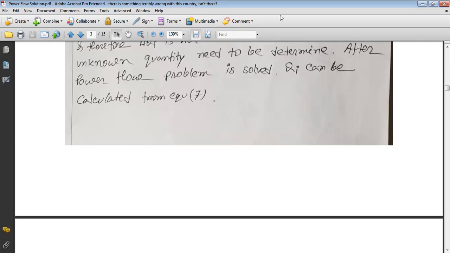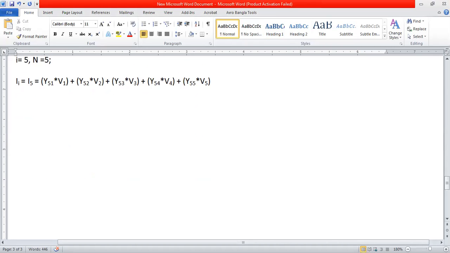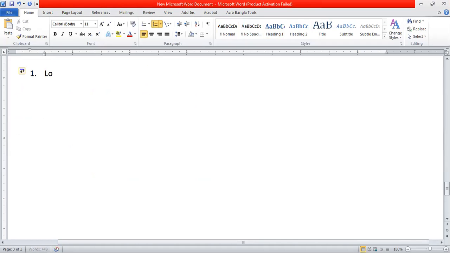So at first we have to know these different types of buses. Number one, there is the load bus, or we can write this as PQ bus. So load or PQ bus.